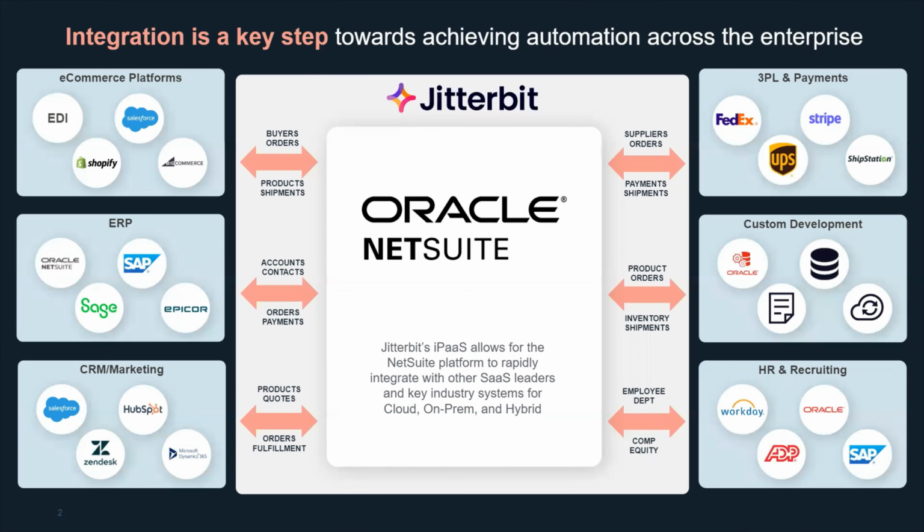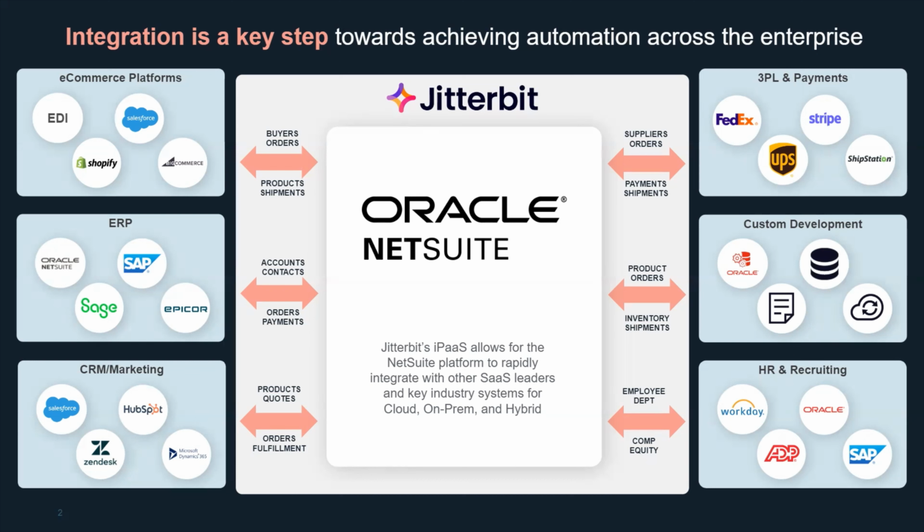I'd like to set the stage here a little bit. Integration is a key step towards achieving automation across the enterprise. I'll say that again. Integration is a key step towards achieving automation across the enterprise. As you see in this diagram here, you have all these different applications used by specific departments and teams to get things done.